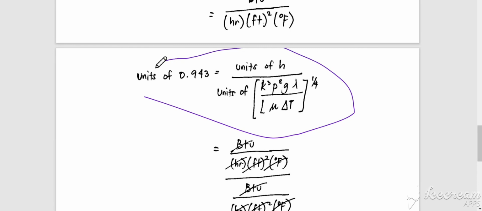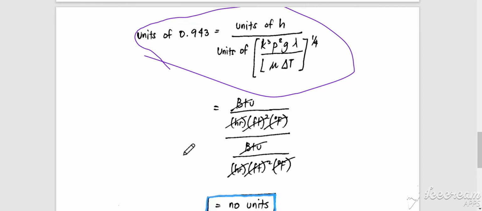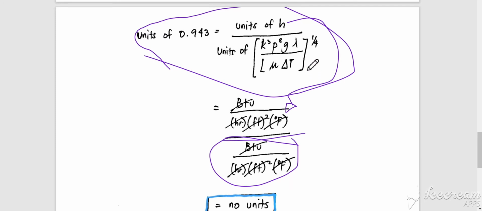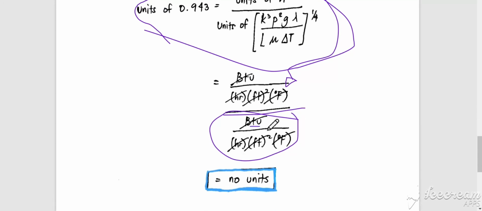For the last part, finally, we can now distribute the units. From the units of h, we have BTU over hour feet squared degree Fahrenheit, which is to be divided by the units of (k cubed ρ squared g λ over L μ ΔT) to the power of 1/4, which has the units of BTU over hour feet squared degree Fahrenheit.